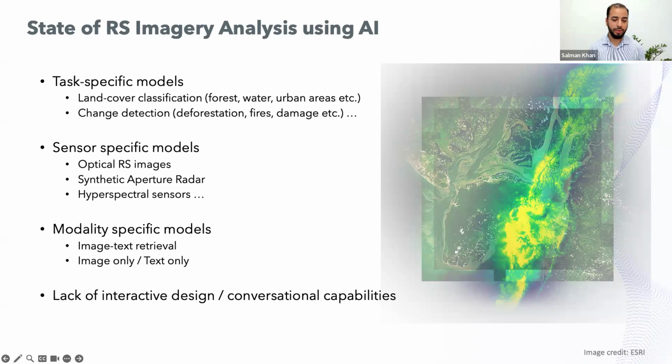Some of the models which do take in textual inputs are again focused on specific tasks, for example, image to text retrieval. And similarly, we also have a lack of conversational capabilities, meaning the models and systems are not as interactive with the human users, and they take in these human inputs and give responses in a very fixed template.